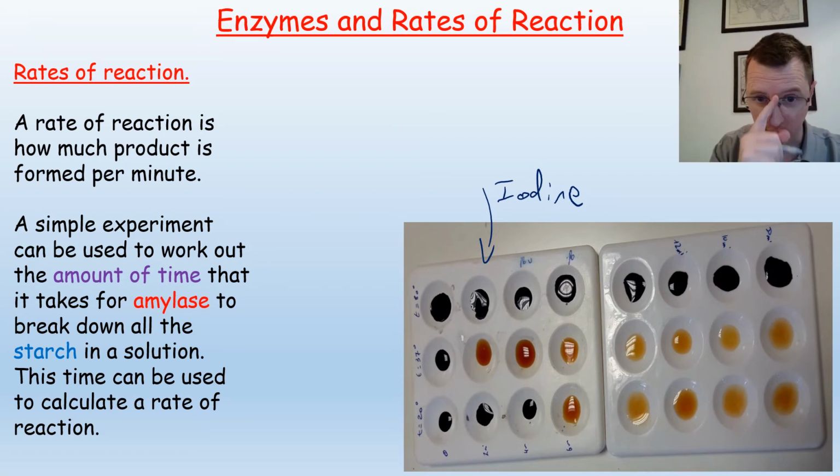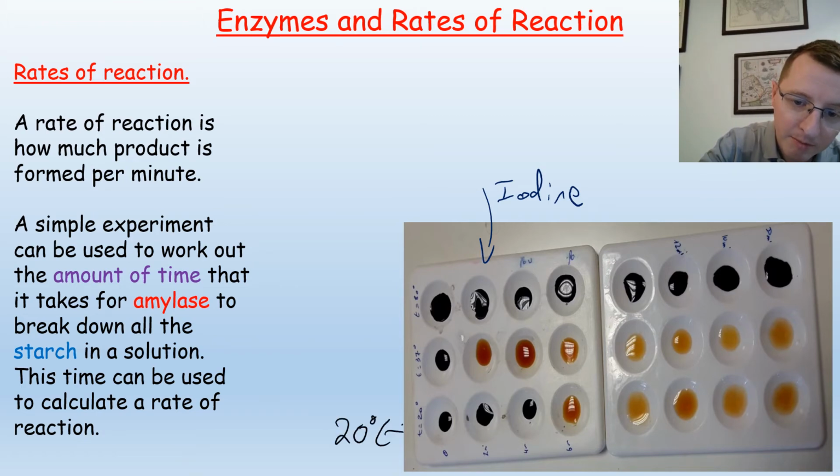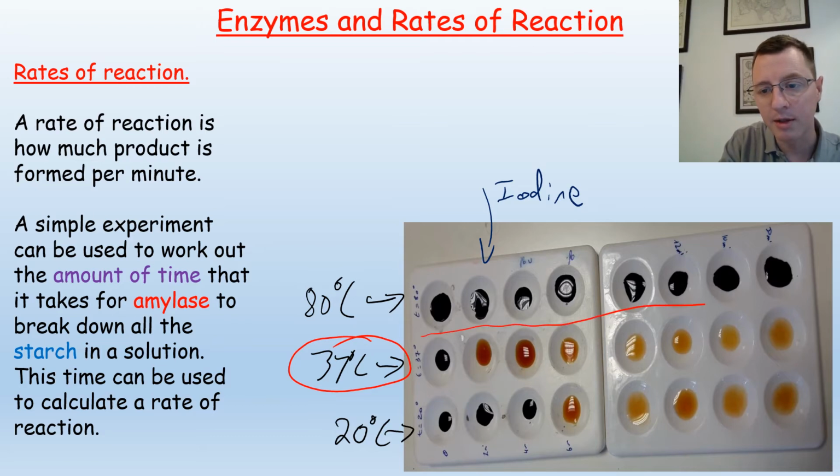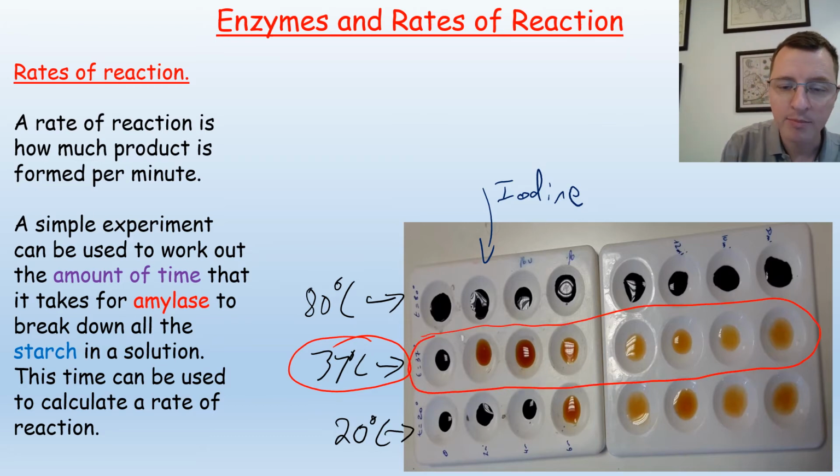So a student who's done these results has done this experiment 3 times at 3 different temperatures. They've done it at the bottom at 20 degrees C, then here at 37 degrees C, and here at 80 degrees C. So if we just look at the results for 37 degrees at the moment, which is this line here, we can see that at time 0, the student has carefully written the times down here: 0, 2 minutes, 4 minutes, 6, 8, 10, 12, and finally 14 minutes.